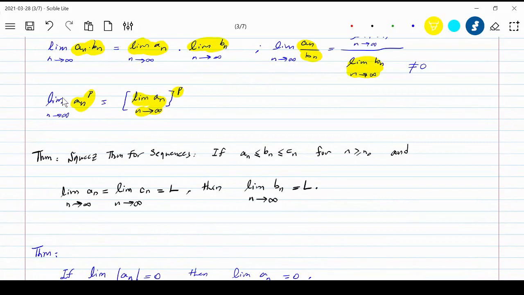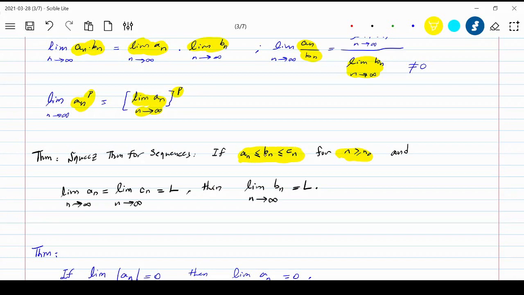And the squeeze theorem, you can use it for the sequences as well. If you have a sequence Bn, which is between the two sequences An and Cn, for very large n, this means that for n greater than n naught this is a true statement.